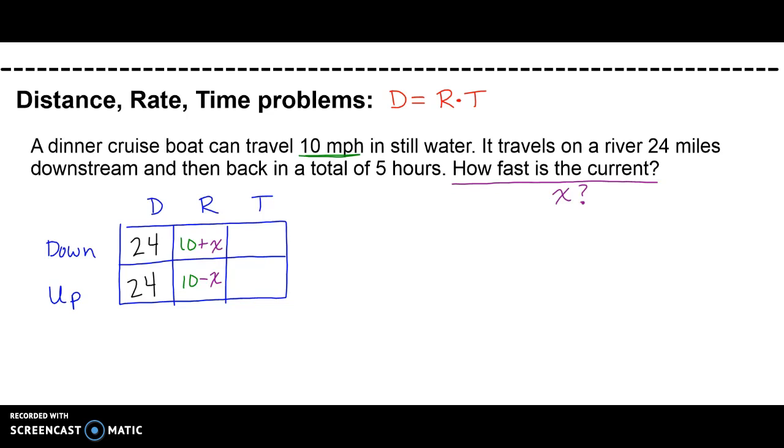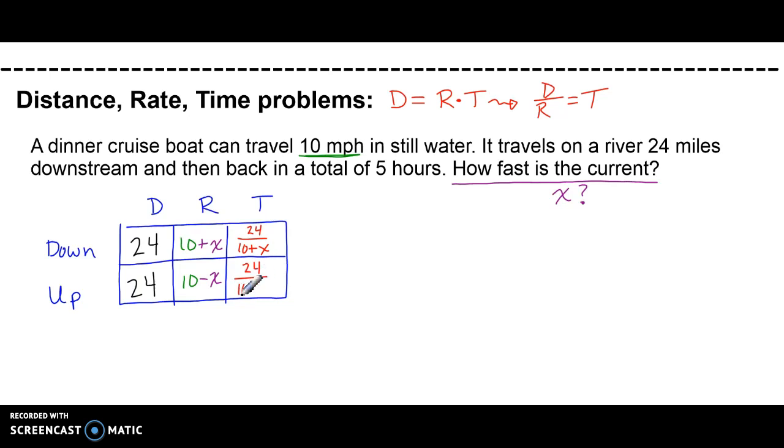And once you have two of the three parts, in this case we have distance and rate, you should always be able to find the third part. If you have distance equals rate times time, that also implies that distance divided by rate gives you time. So here, 24 over 10 plus x, that's how long it took to go downstream.